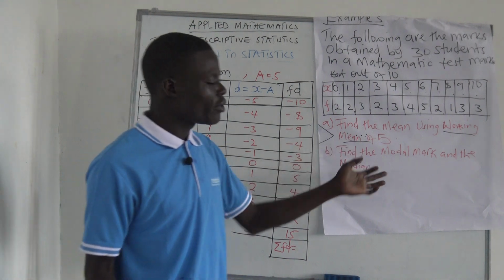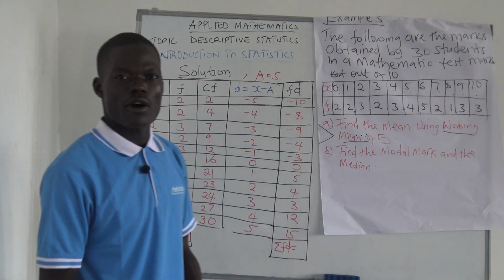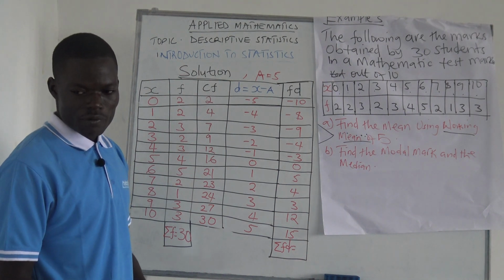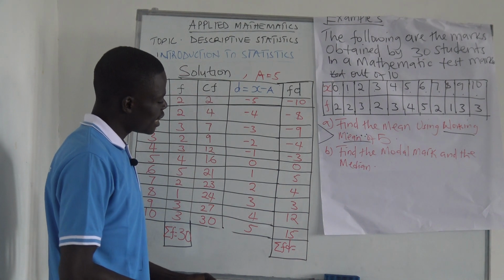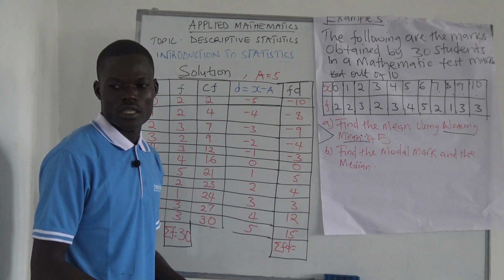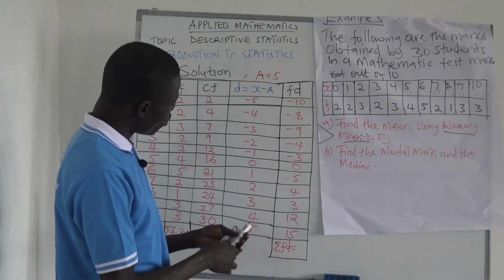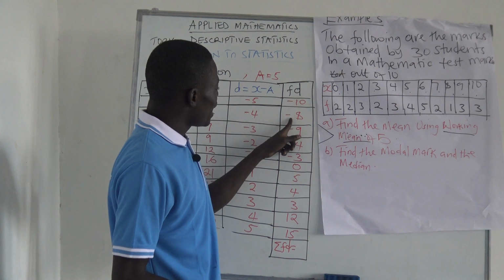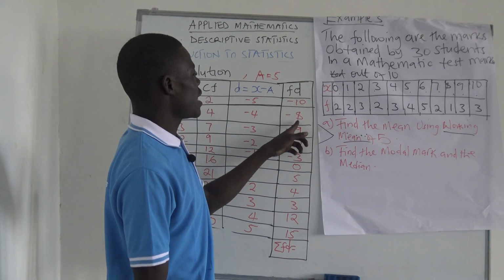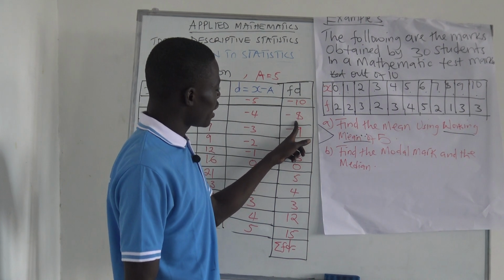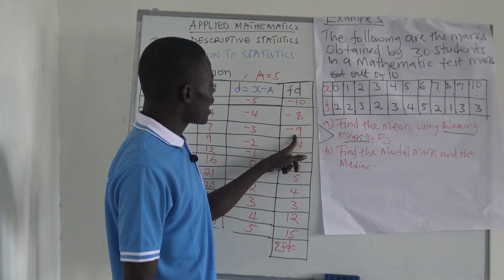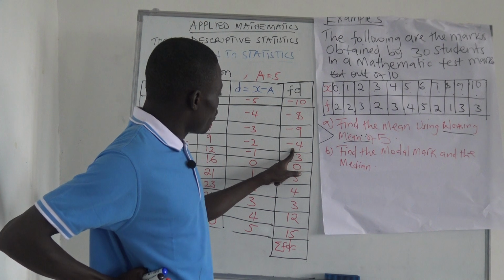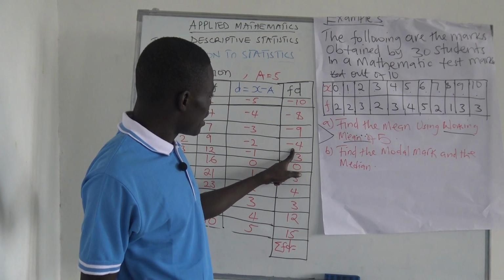And if you want to get the median, you get it from cumulative frequency. So let us start adding. This is summation of fd. We have negative 10 plus negative 8, that is negative 18. Negative 18 plus negative 9, negative 27, plus negative 4, we have negative 31.